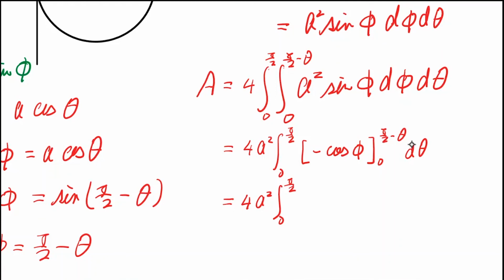And if I substitute pi over 2 minus theta, that's cosine of pi over 2 minus theta. Is that just sine theta? Say yes. Is it negative sine theta, or you want me to write that in 2 steps?